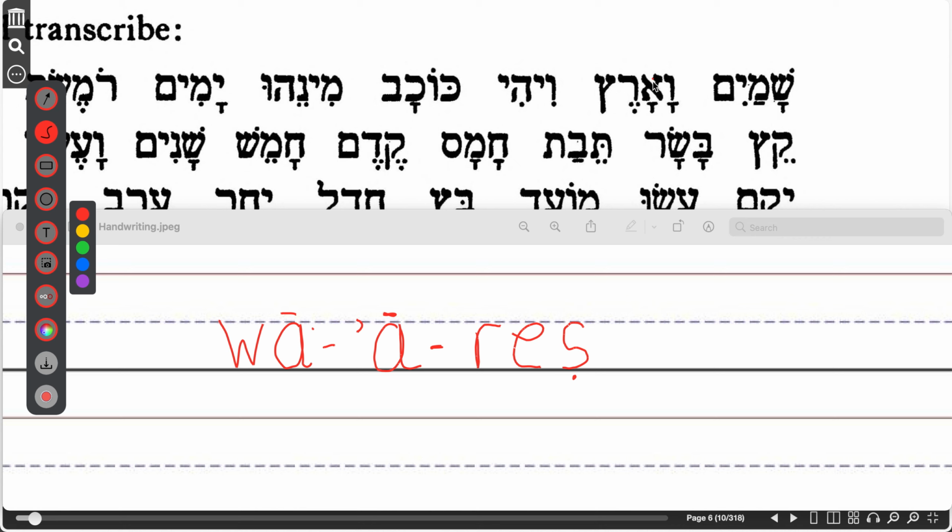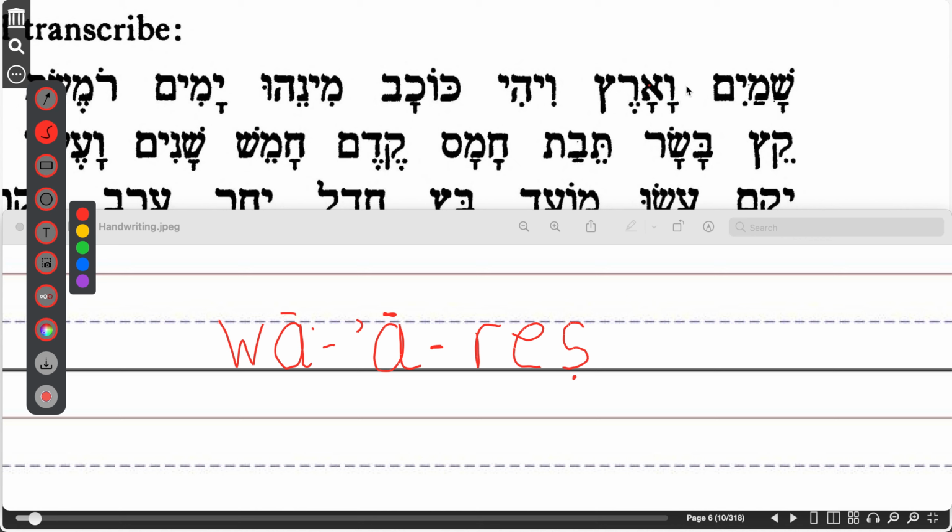wa'aretz. In the beginning, God created the heavens, shamayim, and the earth, wa'aretz.